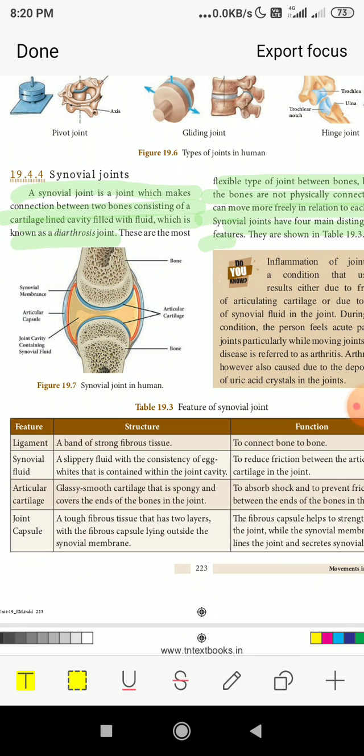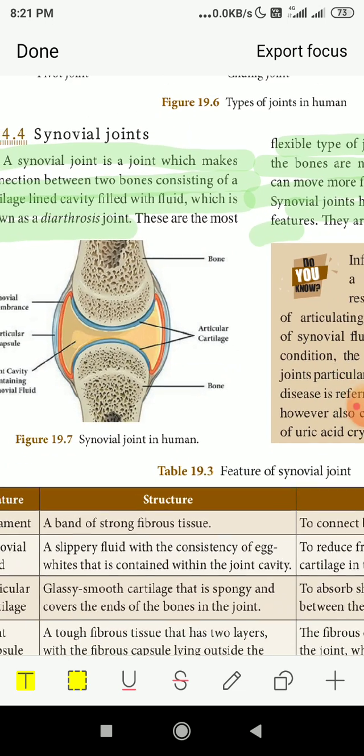A synovial joint is a joint which makes the connection between two bones, consisting of a cartilage lined cavity filled with fluid. Fluid will be there, which is known as the diarthrosis joint.